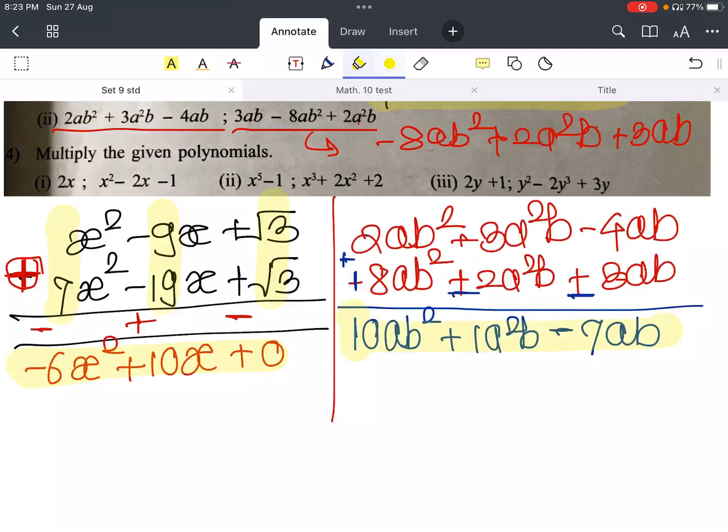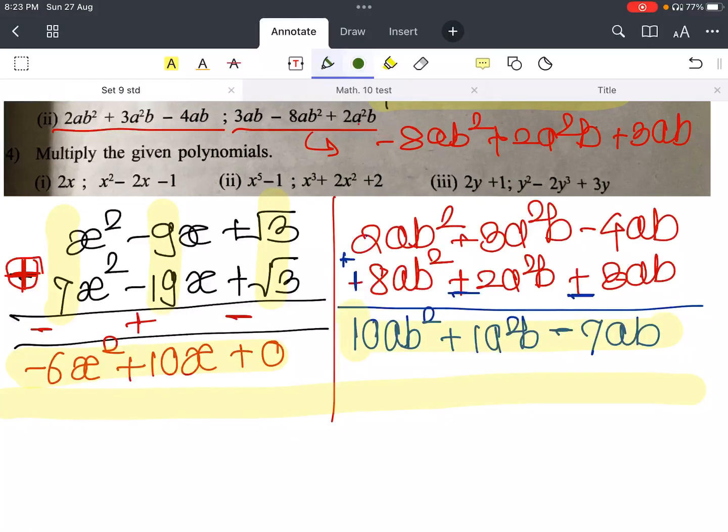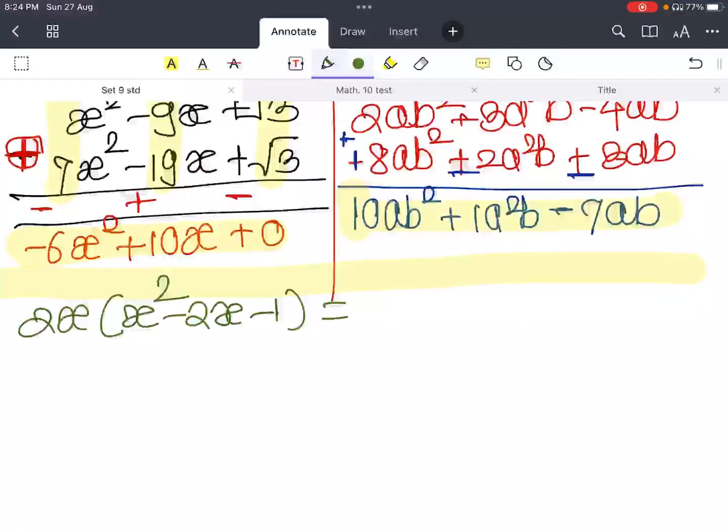Similarly, the next example is about multiplication, which means we have to multiply the given expressions. The first expression is 2x multiplied with x square minus 2x minus 1. So we want to find the answer for this. As per the previous one, this is a formula. If you observe, it looks like a into bracket b plus c plus d.